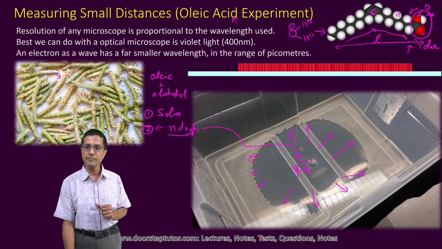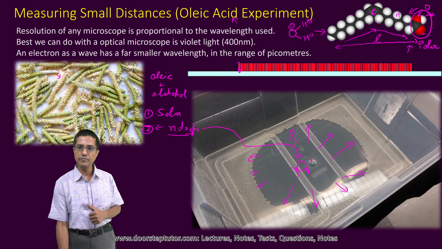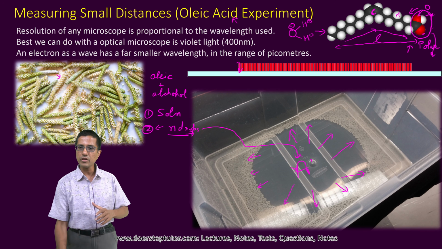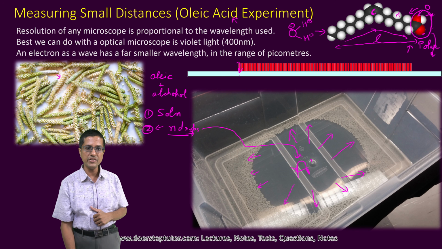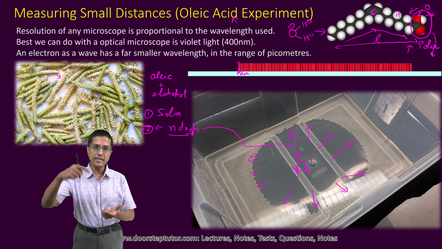So as soon as alcohol evaporates, the oleic acid comes in direct contact with water. One end of the oleic acid would just go and get attracted to water, and the oleic acid molecules will turn. They will arrange in such a way that the polar end is below, in touch with water, and they will be standing like this.